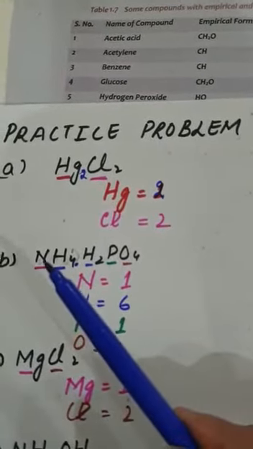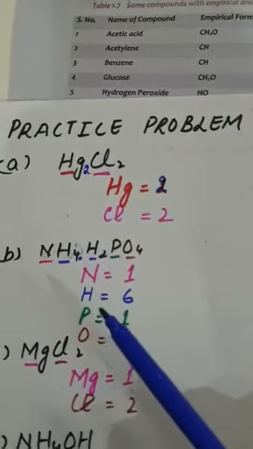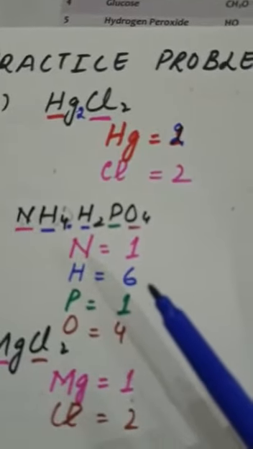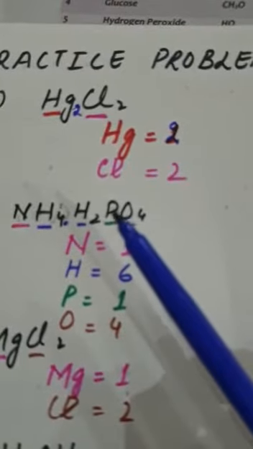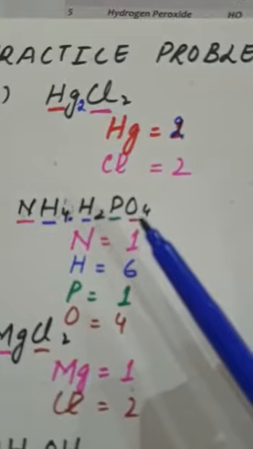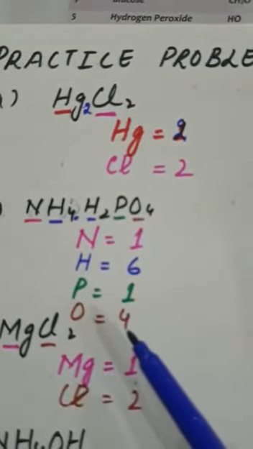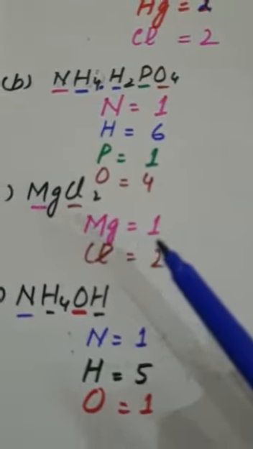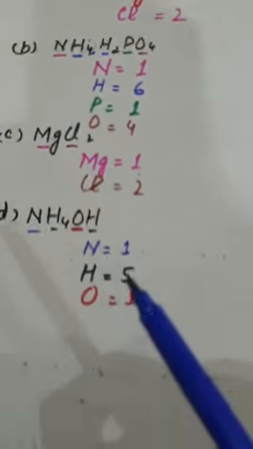The number of nitrogen atoms will be 1, hydrogen atoms 4 plus 2, that is 6, phosphorus 1, and as the formula indicates 4 oxygen atoms, you write oxygen 4. In the third formula unit we have MgCl2. The number of magnesium atoms is 1, and chlorine atoms are 2.